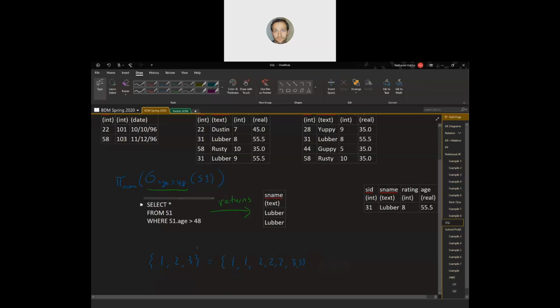This on the right, when you do have repeats, is what happens when you do not have the distinct word. But by adding distinct here, it enforces that you get this result with no repeats.